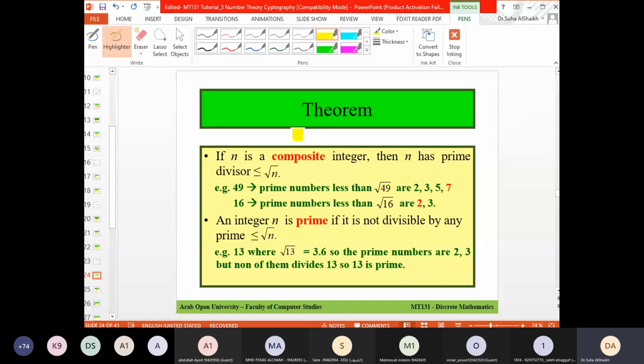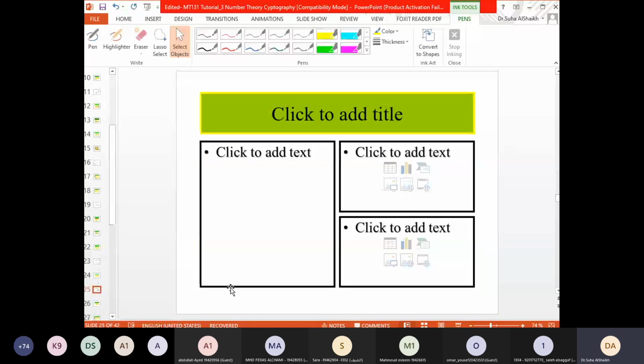Easier way, this theorem: the integer n is said to be composite if it has a prime divisor that is less than the root of this number. If none of the prime divisors is less than its root, then we say the number is a prime. Before I go to this example, let me show you the 37.